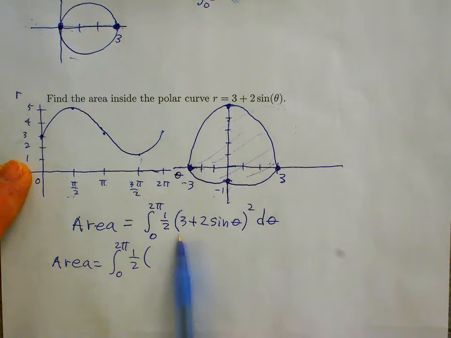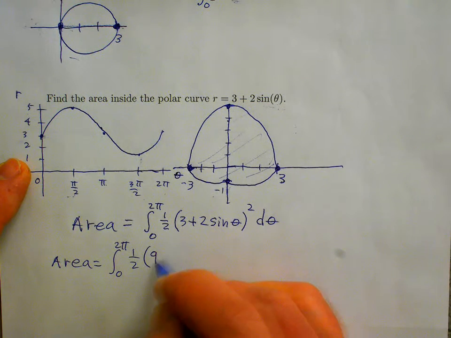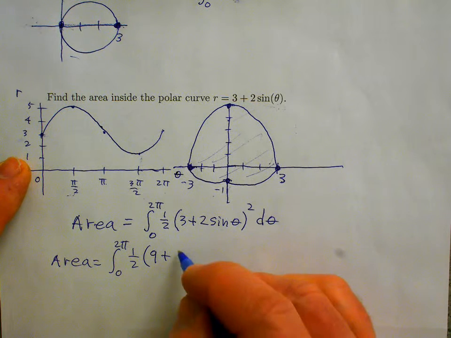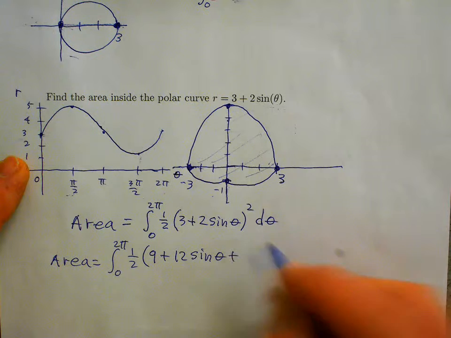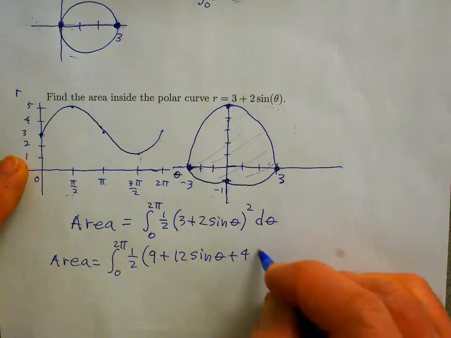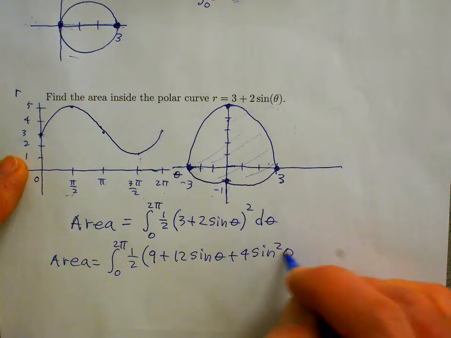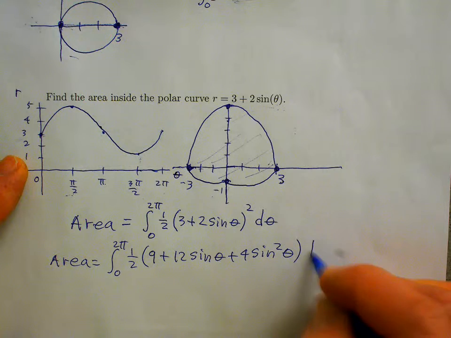When we square the quantity 3 plus 2 times sine of theta, we'll get 9 plus 12 sine of theta plus 4 times sine of theta squared.